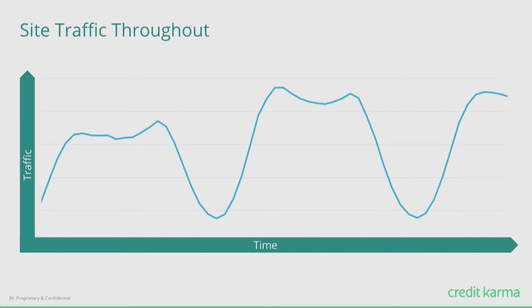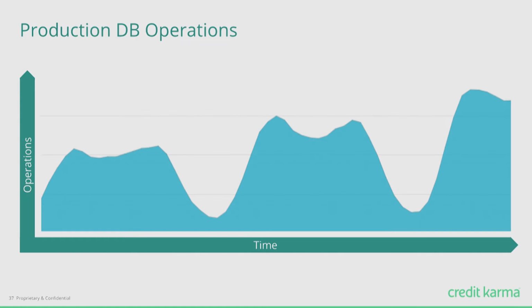Here, during some period of time, during our data migration of some particular table, we observed increased traffic on our left side. During this period, our site traffic increased. Our throughput also increased, and that translated into increased database operations.